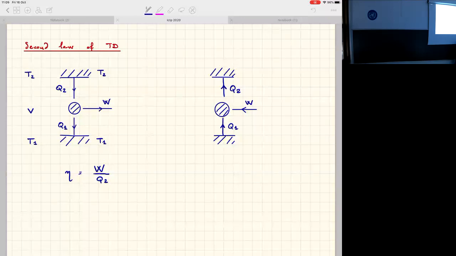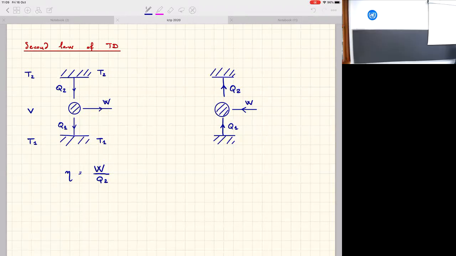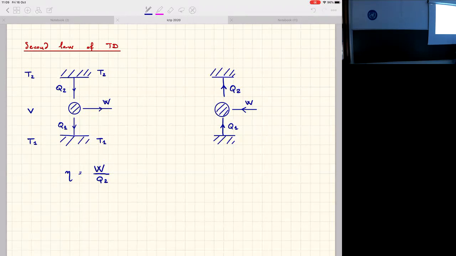Well, you see, state A, state B, state A is the same as before. Is it reversible? I'll say no, but you say no, and you're right. But why no?